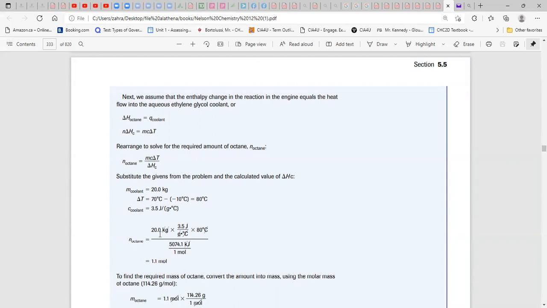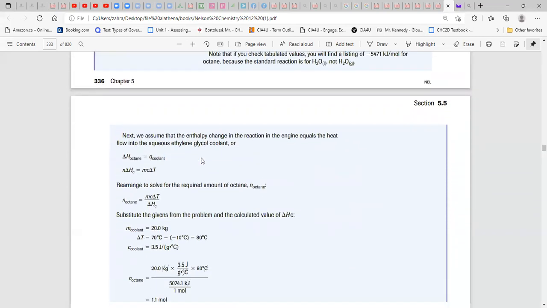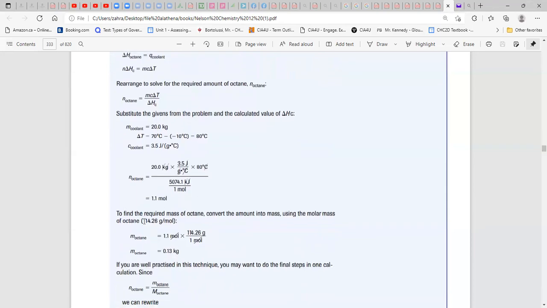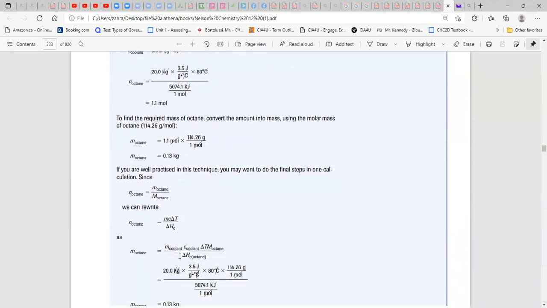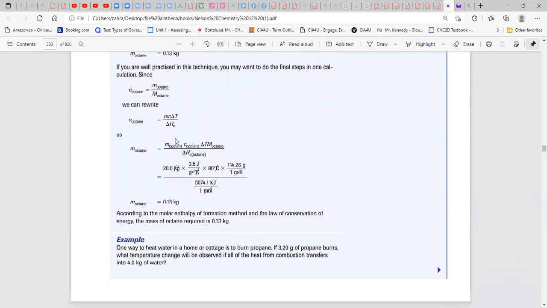That is given, and you just divide by the delta H that you got from the previous step. That would be the n, the number of moles of octane burning. Now we want to find the mass, so you know the mass is the mole multiplied by the molar mass. Yep, that would be the final answer.